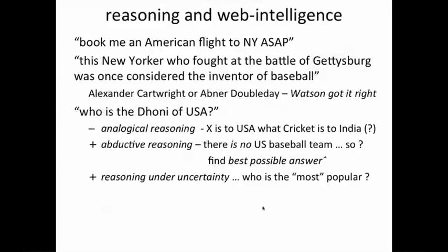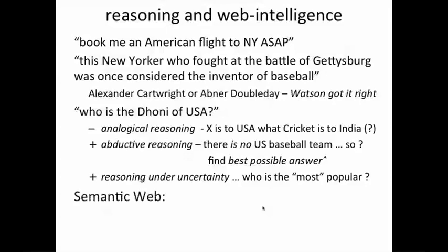The idea of adding reasoning to the web or to web intelligence systems is credited to Tim Berners-Lee, who, if you remember, is actually credited as being the inventor of the web in the first place way back in the early 90s.